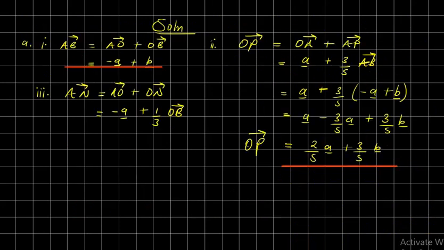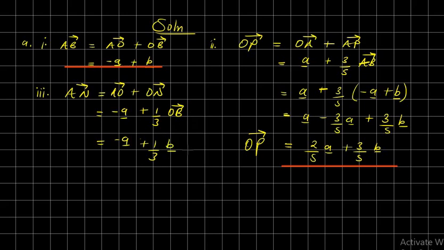So let's go back. Here we can just now simplify. This is algebra, so we have plus 1 over 3 of the vector OB.